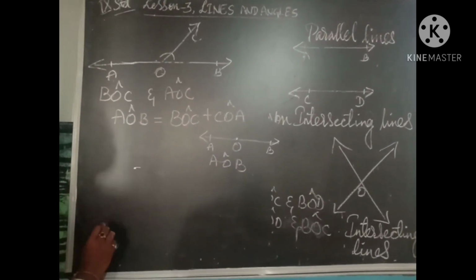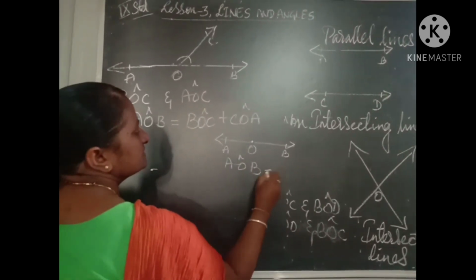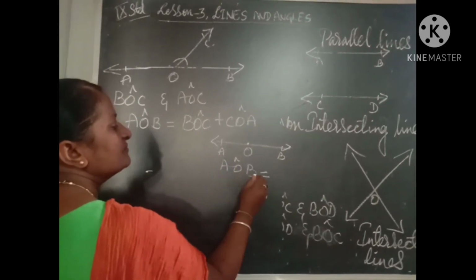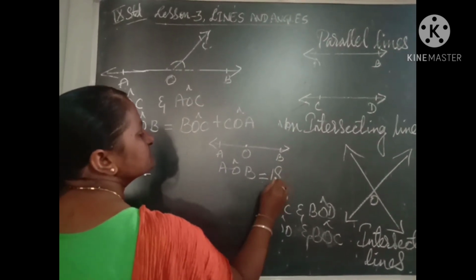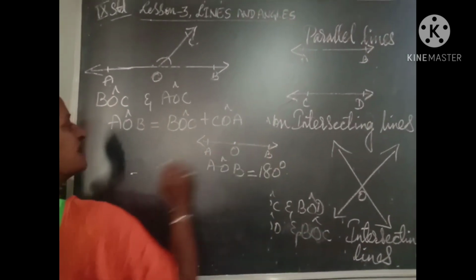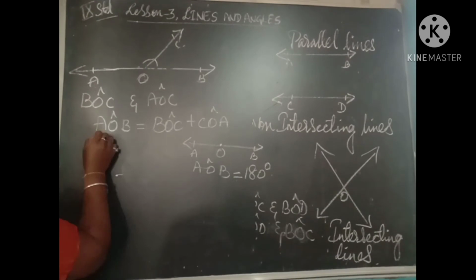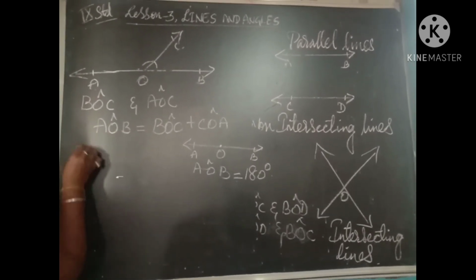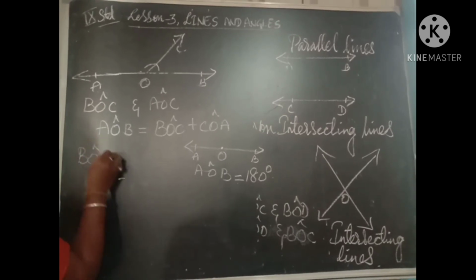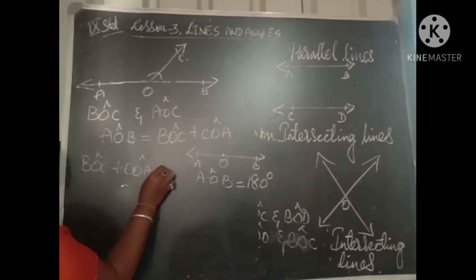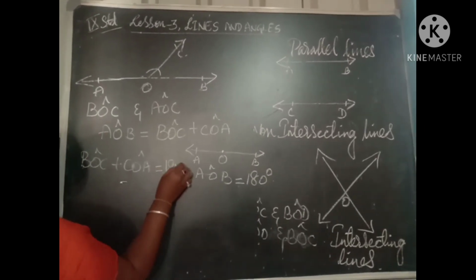Now we know what angle AOB measures. We all know it is how much? 180 degrees. It is nothing but a straight angle, is it not? Therefore we can write AOB is 180 degrees. Therefore BOC plus COA is equal to 180 degrees.